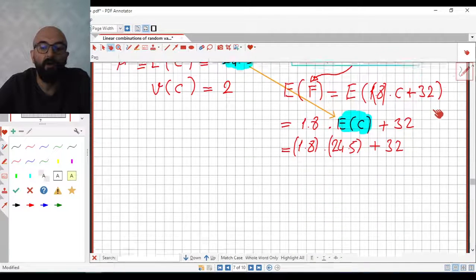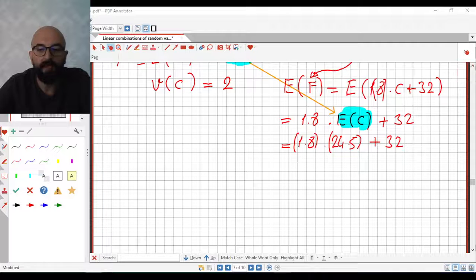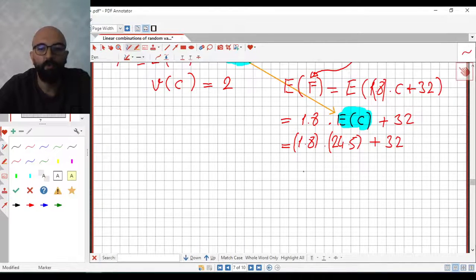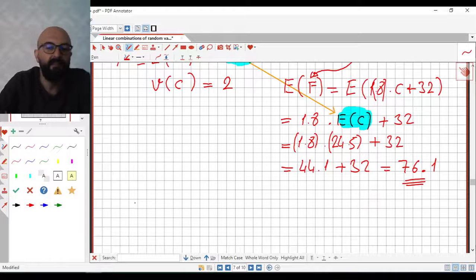Now I want to use my calculator. 1.8 multiplied by 24.5 is 44.1, plus 32 is 76.1.